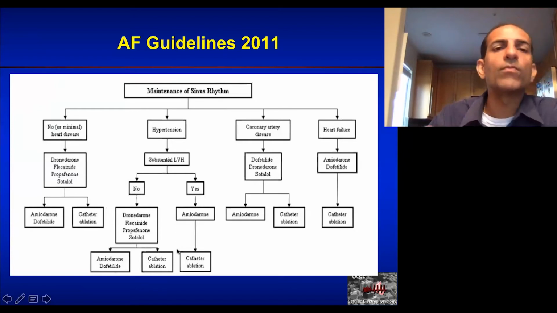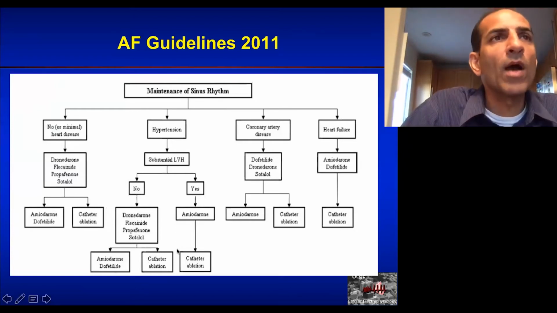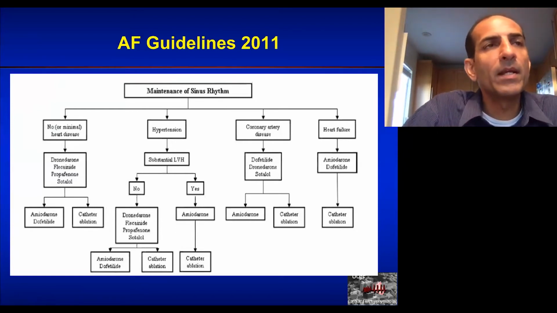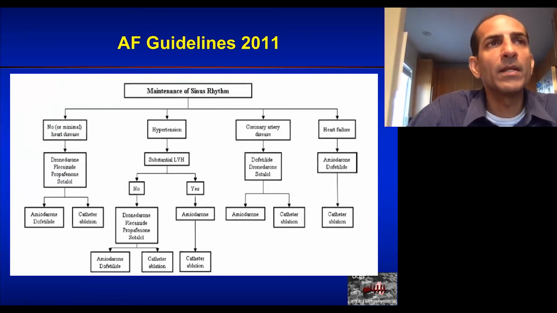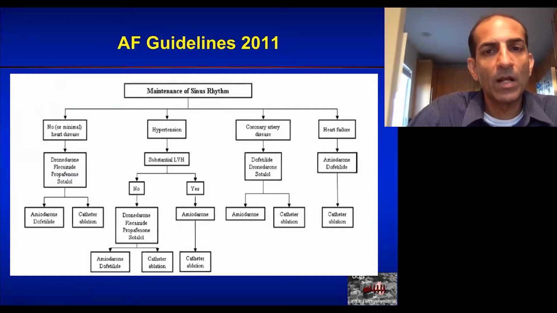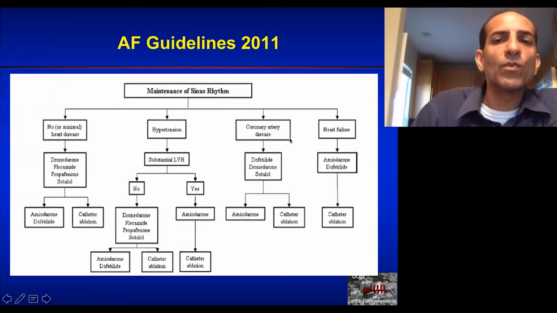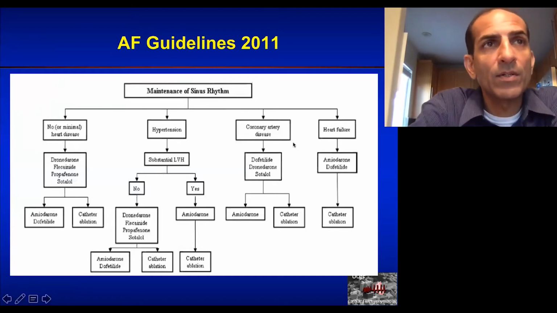Basically, the gist of these guidelines is that you have to try drug therapy as first-line therapy. And then if they fail drug therapy, then the second line can be catheter ablation or another round of drug therapy. The third category will be patients who have atrial fibrillation associated with heart disease, with coronary artery disease.